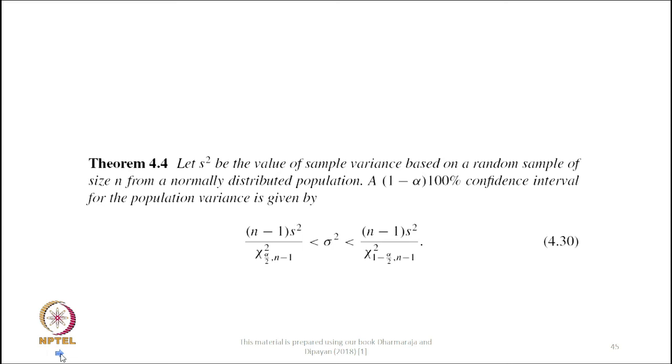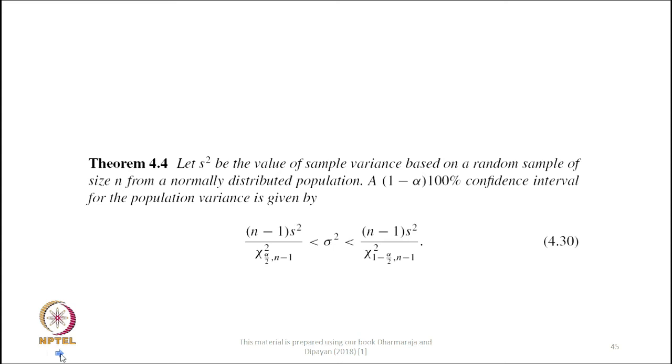It is just notation. The right end is n minus 1 times s square divided by chi-square 1 minus alpha by 2 comma n minus 1.